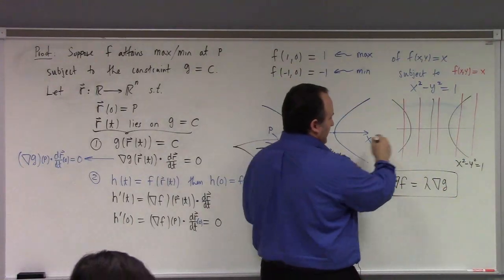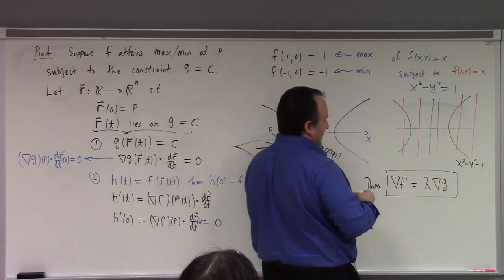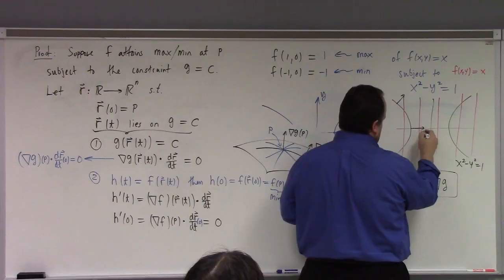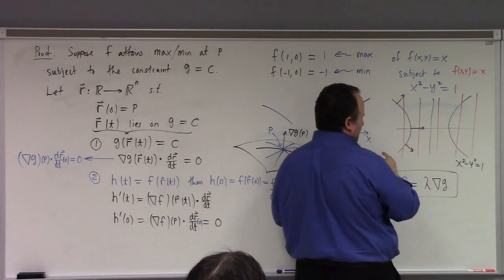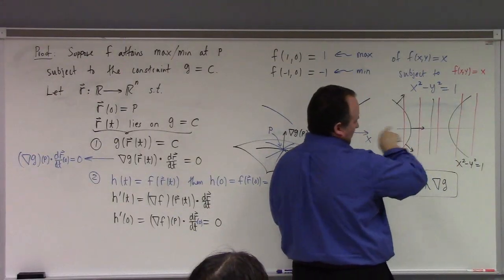And so where does the gradient of the objective function align with those level curves? I can't remember, I've got to think about this for a second. It always points this way, right?